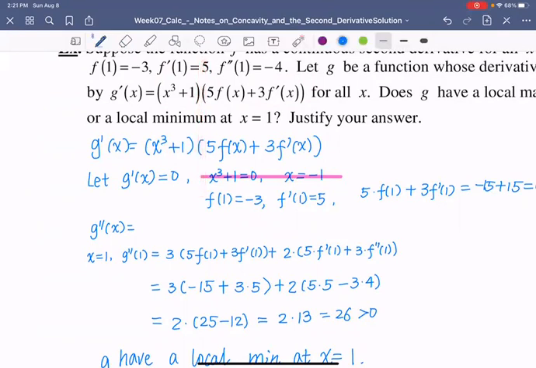First we can solve for the derivative of the first part, so it'll be 3x squared, and then we copy everything down from the other expression.